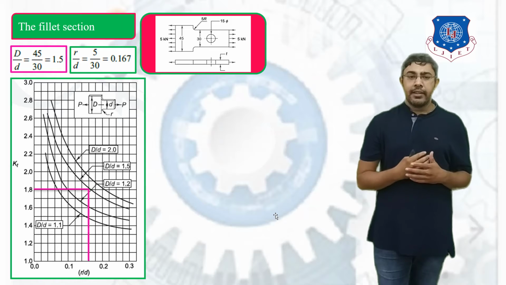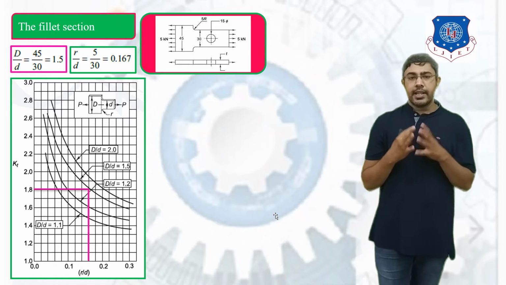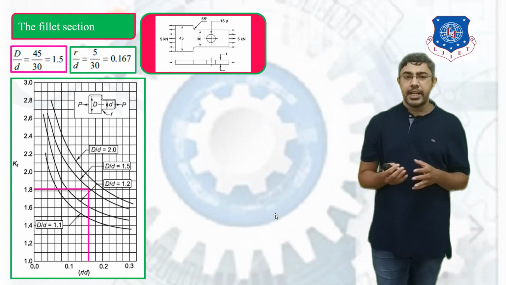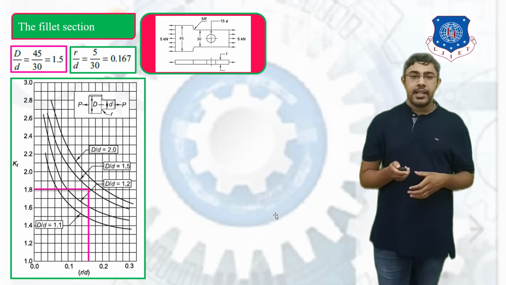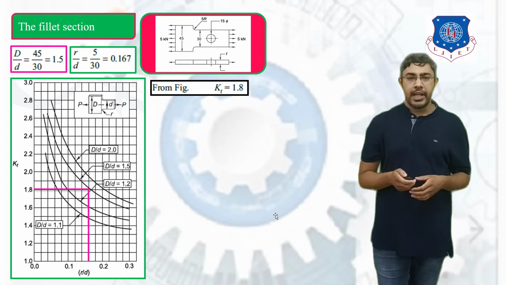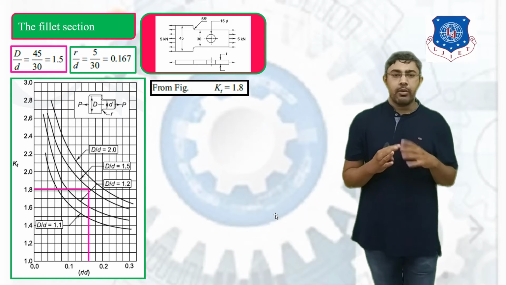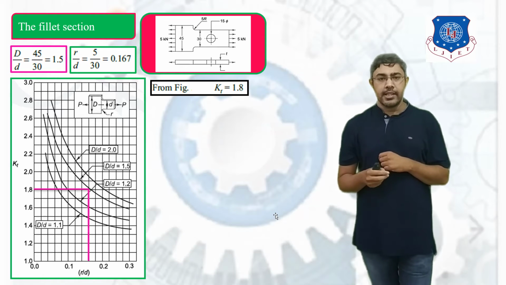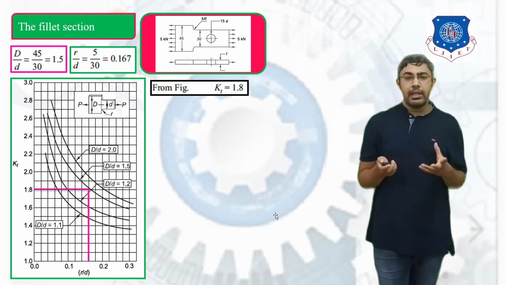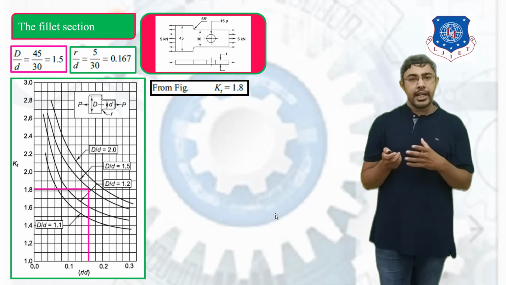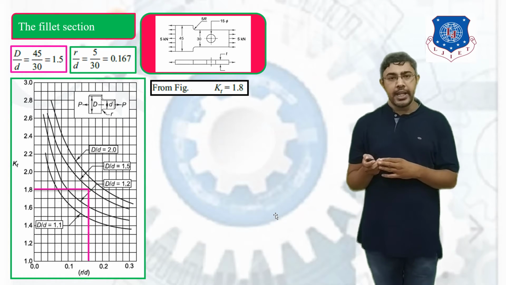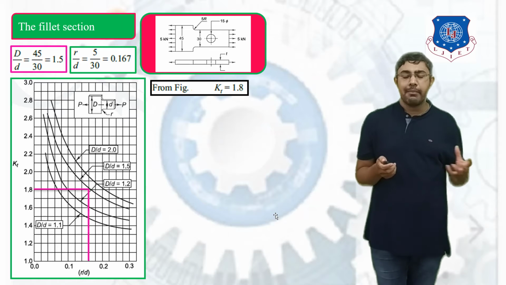From the figure we can say that the stress concentration factor Kt from this chart is nothing but 1.8. So the value of Kt is 1.8 according to the stress concentration chart. Now we have the value of Kt equal to 1.8, and we also have sigma 0.